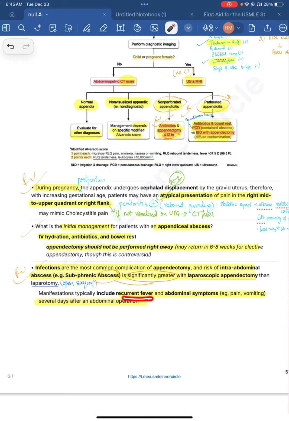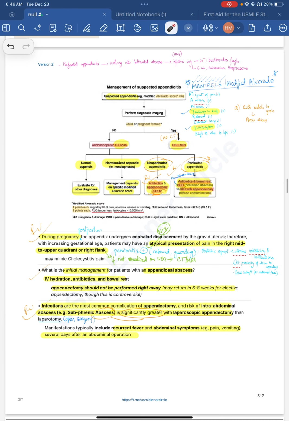Manifestations include recurrent fever and abdominal symptoms, that is pain and vomiting, several days after an abdominal operation, right? Because you have an abscess, fever is compulsory. You'll have pain. Other than that, vomiting can also be seen. So, subphrenic abscess will have all these symptoms several days after an operation. That is it for appendicitis.